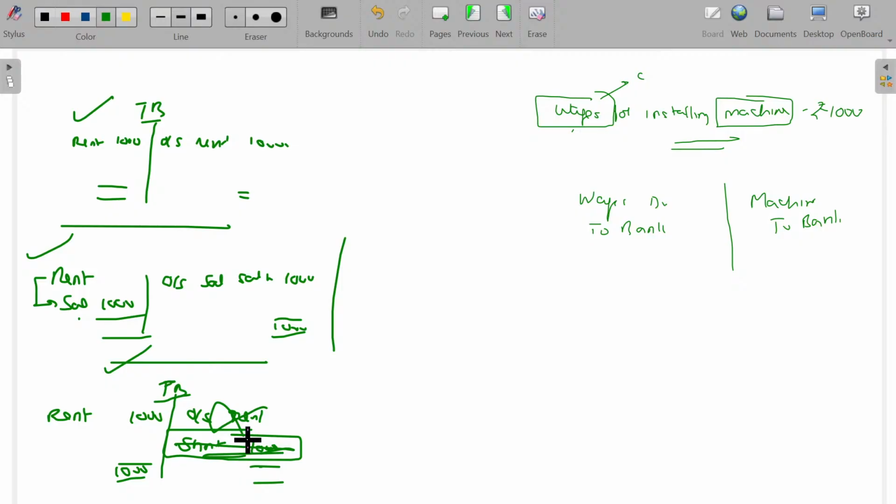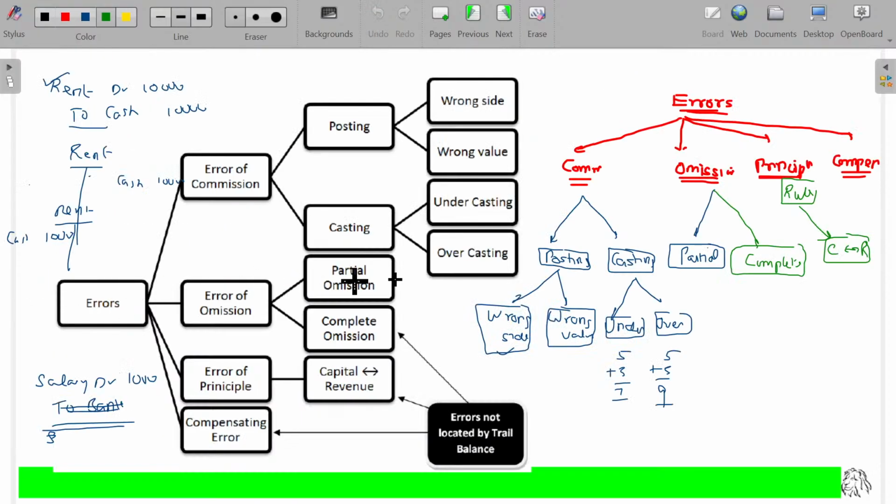It missed to be shown in the credit side. In that case, this will not help us to balance the trial balance or balance sheet. The trial balance will not be agreeing. If the trial balance is not agreeing, this is due to single side omission, not complete omission. If it is single side omission, of course, this will have the impact in the trial balance. Completely omitted, it will not have the impact in trial balance.